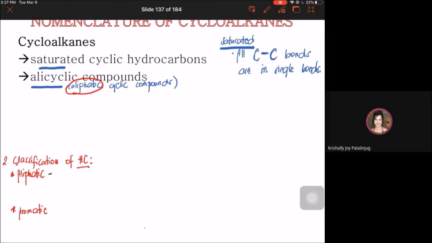Okay? Now, when we say aliphatic, ibig sabihin nito, yung hydrocarbons, they are being joined together in either straight chain, pwede branched chain, or pwede din naman non-aromatic rings.